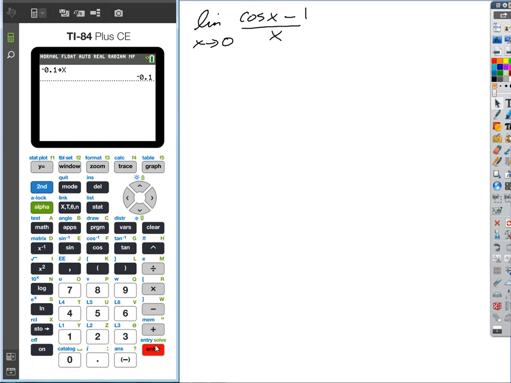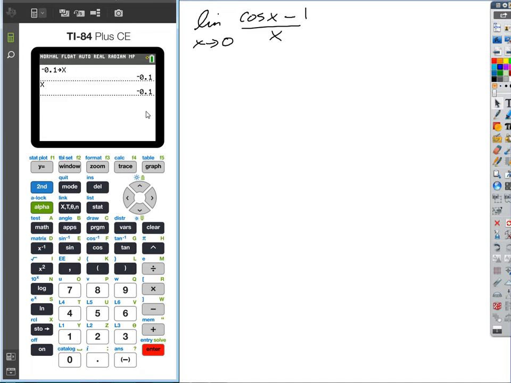So let's go to our template again, alpha F1. We're just going to build this expression, cosine of x minus 1 all divided by x, and we just hit enter. And that's the value of the function at negative 0.1.